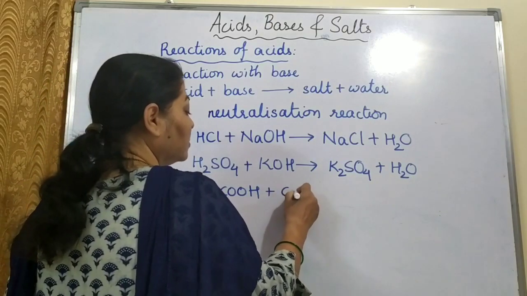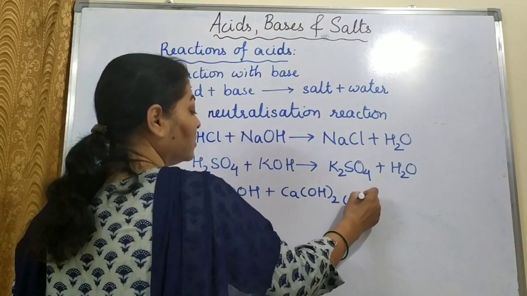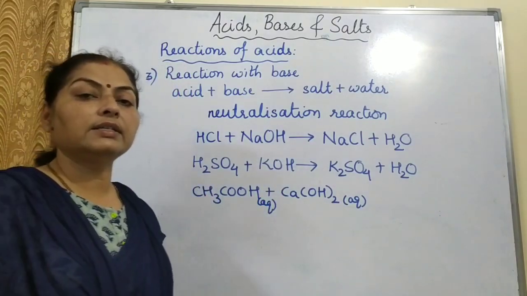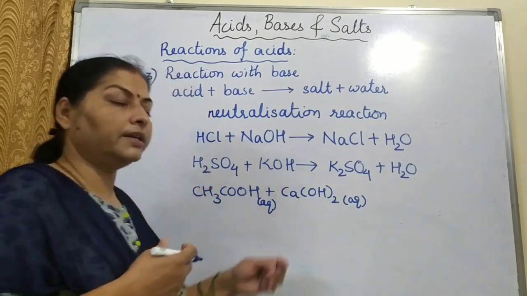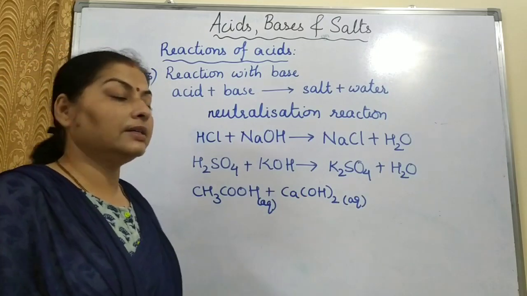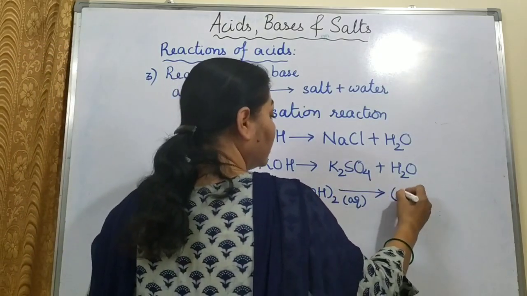It will react with calcium hydroxide, an aqueous solution. Calcium hydroxide, that is aqueous solution, is lime water. We call it lime water or aqueous solution of calcium hydroxide, that is slaked lime. So we'll get a salt.